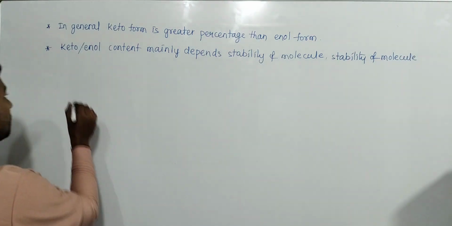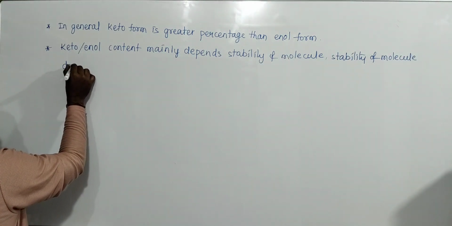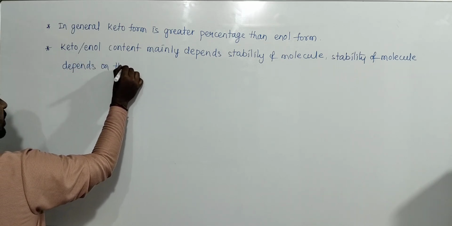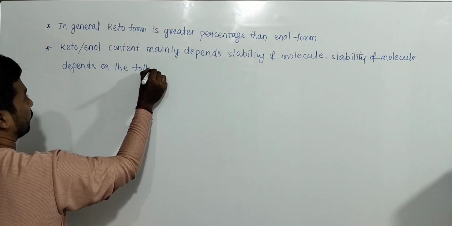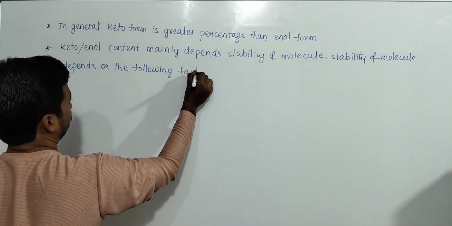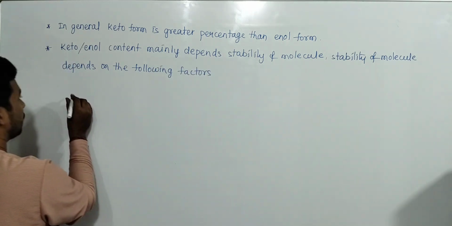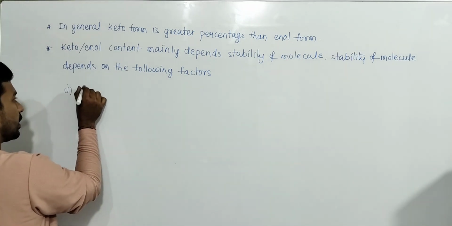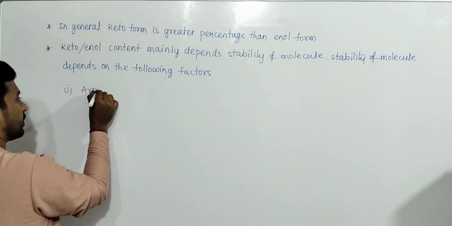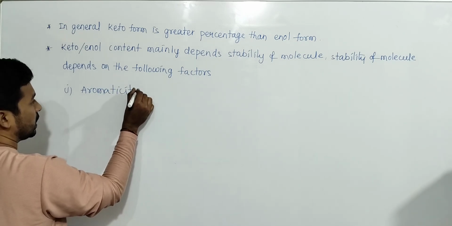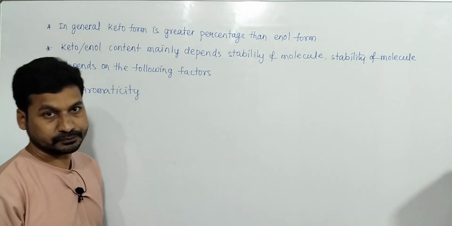Stability depends on the following factors. First of all, we need to verify whether aromaticity is present or not. If aromaticity is present, that is 100% more content, very dominating one.